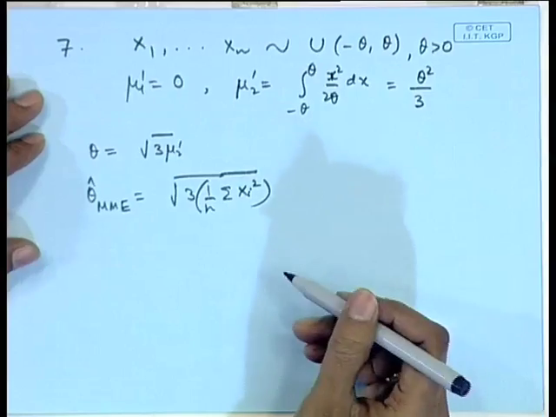So, this is not strictly in accordance with the method of moments, but anyway this can be considered as a practical solution. Similar kind of situation may occur in various multi-parameter cases, where one or the other of the parameters may not be directly coming in the form of the expectation there.